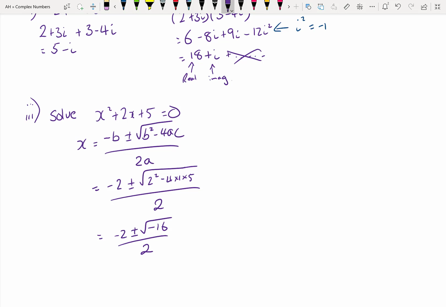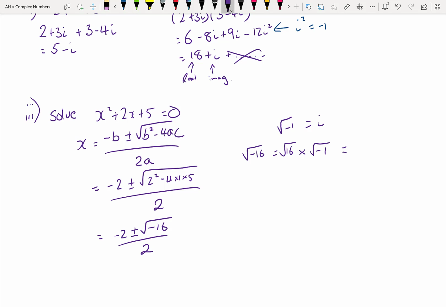Okay, and this is where we're thinking about what we're doing when we're trying to get these complex numbers. So we said square root of minus 1 was equal to i. Whenever we've got a square root with a negative number in it, what we are going to do is split it up, just like we did simplifying our surds, so that one of them is minus 1, and all that's left is just the number. So the square root of minus 16 is the same as the square root of 16 times the square root of minus 1.